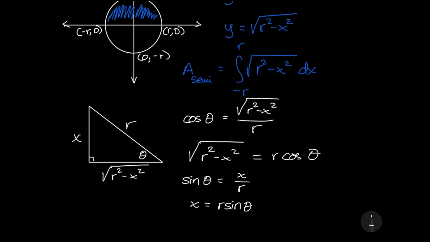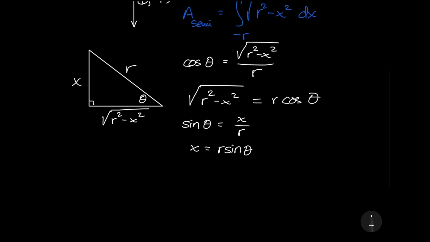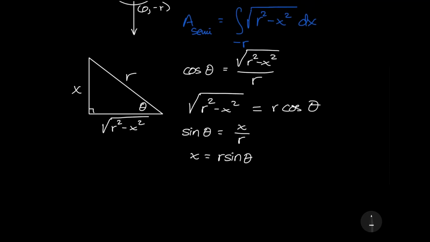So now, what this means is that we can actually rewrite our integral expression, because the square root of r squared minus x squared is just equal to r cosine of theta. And then we can use this expression over here, x equals r sine theta, to find what dx is. In fact, let's do that right now.